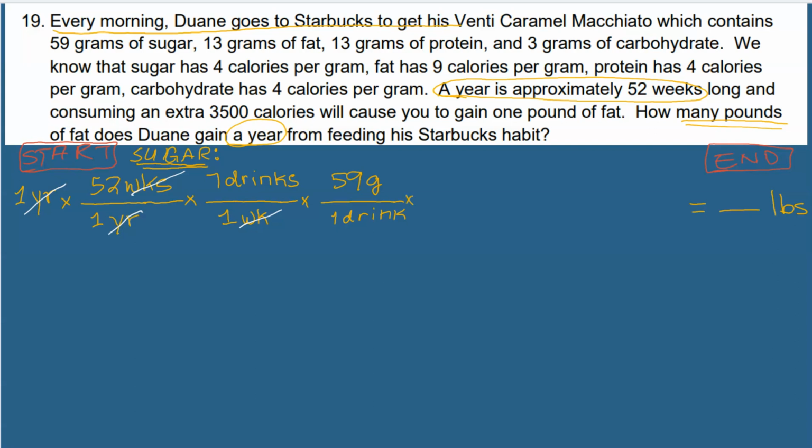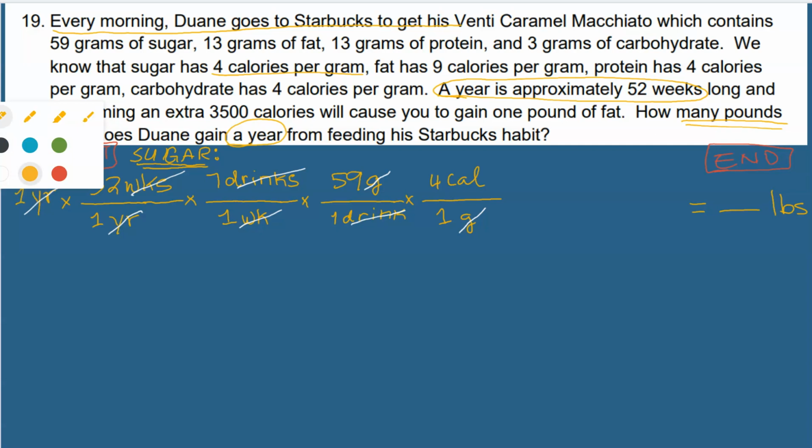And then what happens with the sugar? 4 calories per gram. So 1 gram will give you 4 calories. Then you would say, drink cancels with drink, gram cancels with gram. We would have calories. Well, what about calories? If you don't burn the calories, it turns into fat, right?